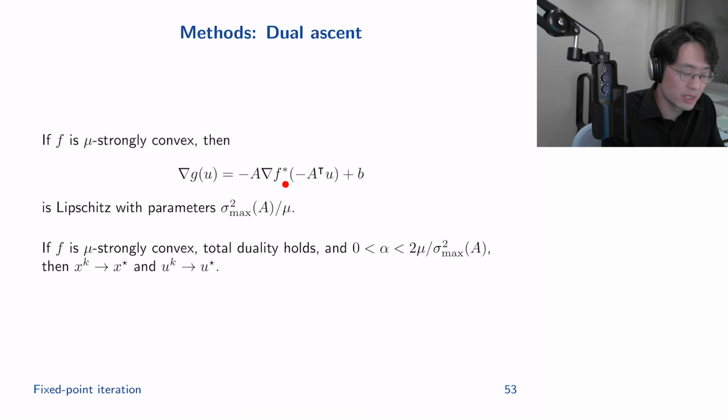Grad f star is Lipschitz continuous with parameter 1 over mu. And then minus A transpose is also Lipschitz continuous with parameter sigma max. Okay, so if f is mu strongly convex, if strong duality holds, and if the step size alpha satisfies this condition, then we can conclude that the primal iterate xk converges to x star, and uk converges to u star.